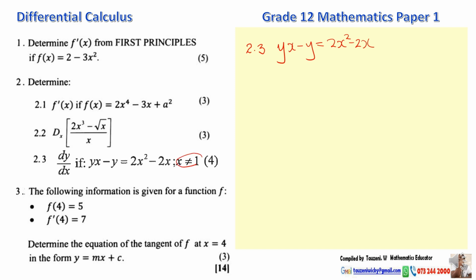This does not mean you must do something about it. It is just a condition, especially if the expression is a fraction. We have to remember that when you are working with fractions, if the denominator is equal to 0, then the fraction becomes undefined. So in this case, x must not equal 1, so that the denominator may not become 0. That is basically what it means. But in terms of calculations, there is nothing that you are going to do.